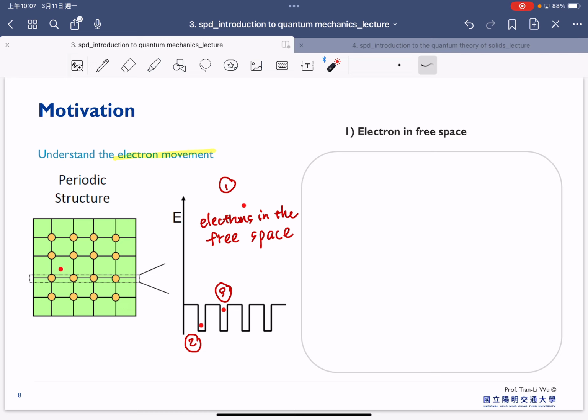And that actually gives us a different result here. So the first one goes back to the basic case of the electrons in the free space.